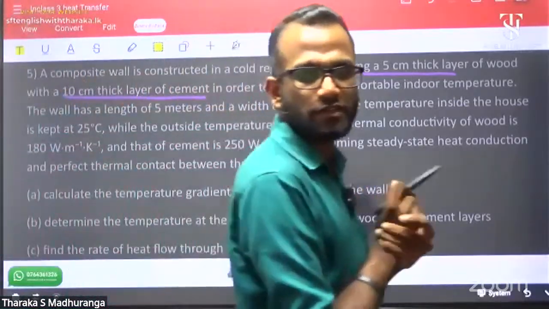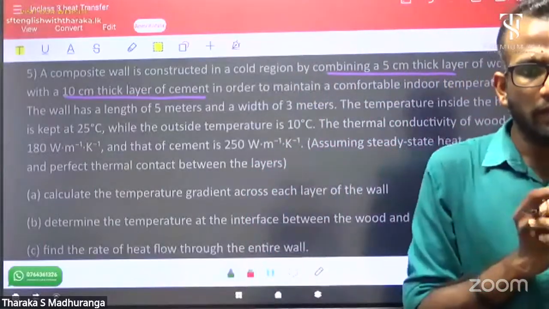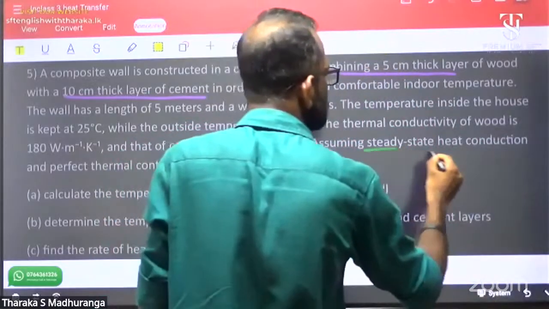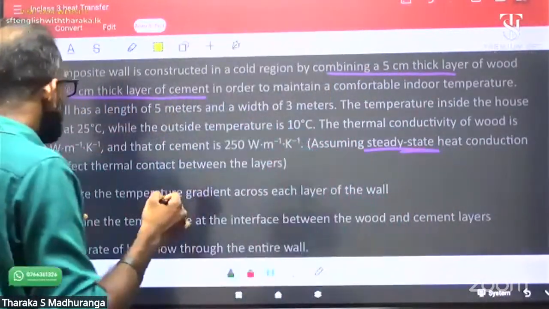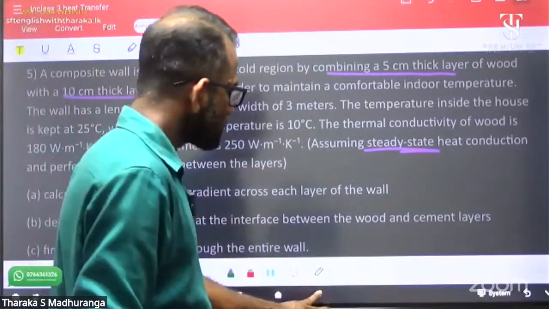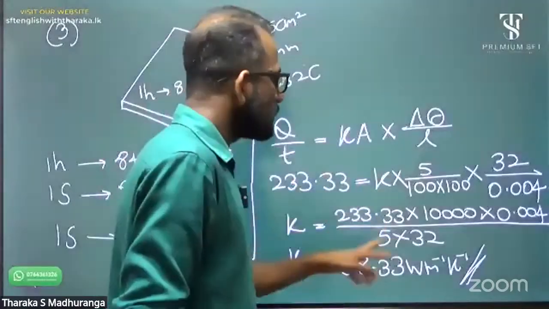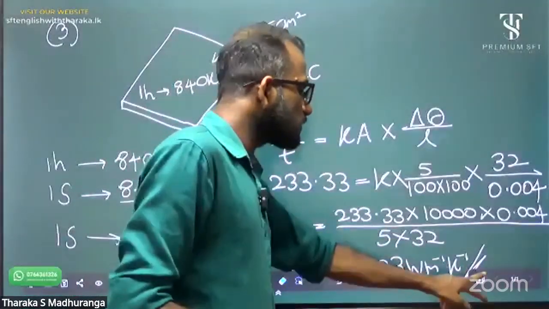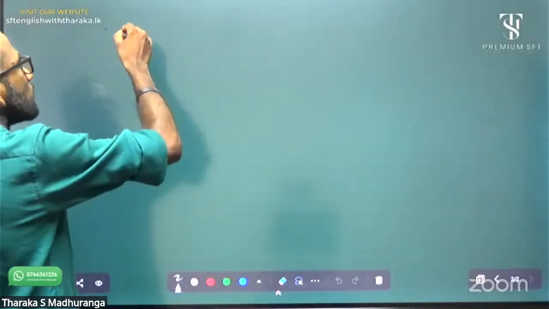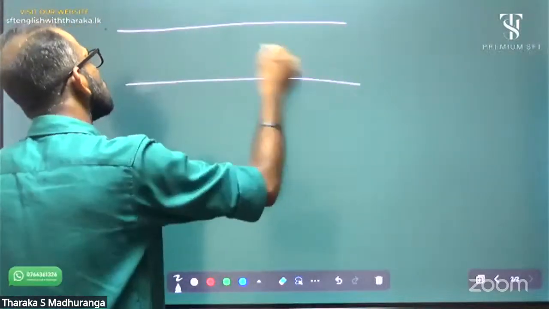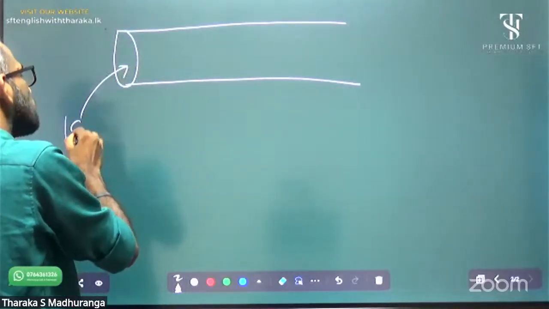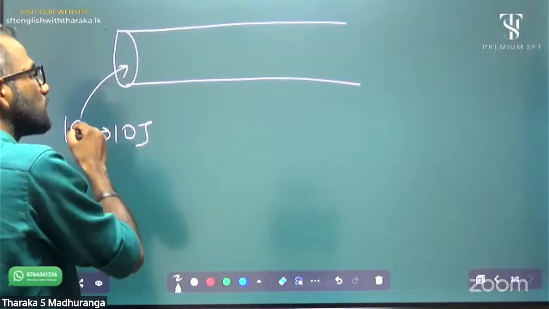Okay, what's the meaning of this part within the brackets? Assuming steady state heat conduction and perfect thermal contact between layers. Again, the steady condition means it's continuous. I think last day I explained that steady condition means the amount of heat energy flowing in within 1 second, think 10 joules enters this rod, and within the same 1 second 10 joules flows out of this rod.